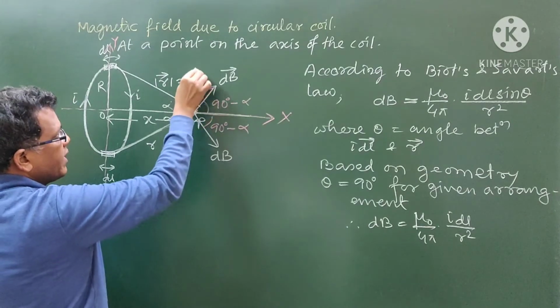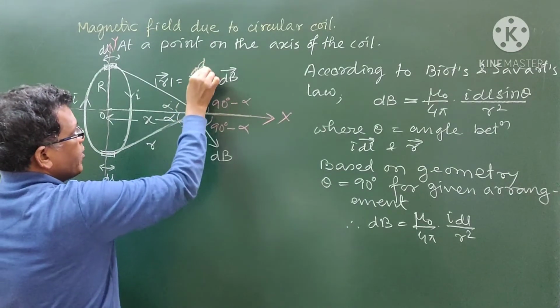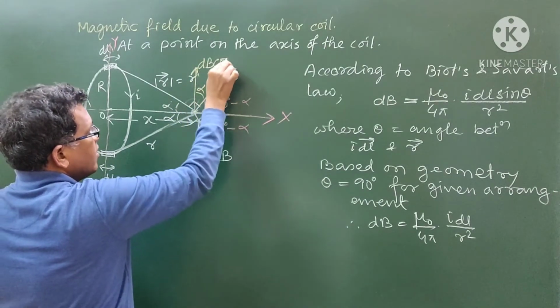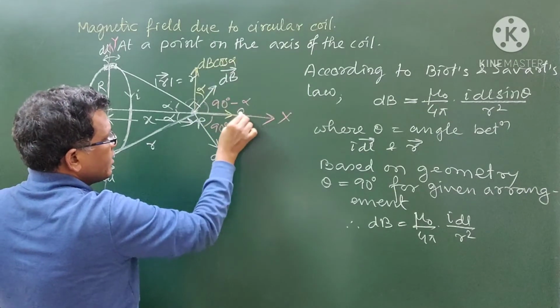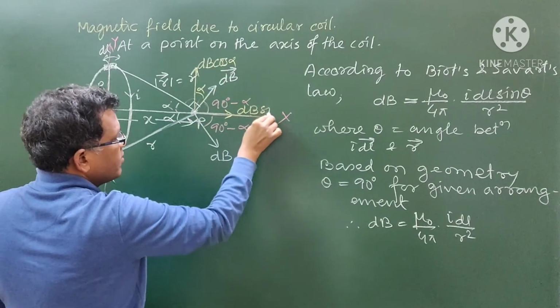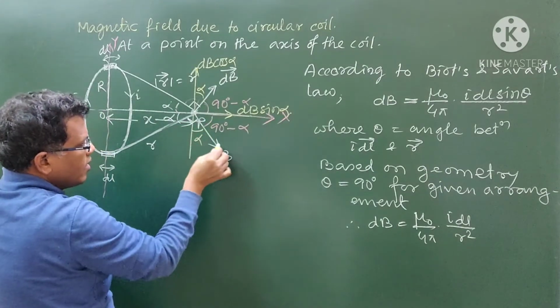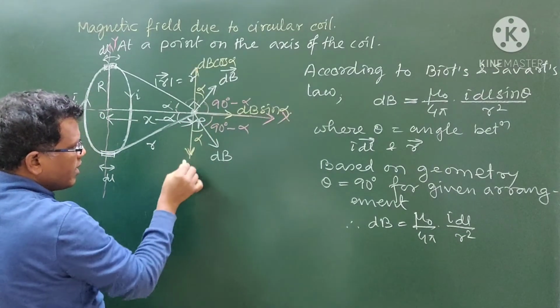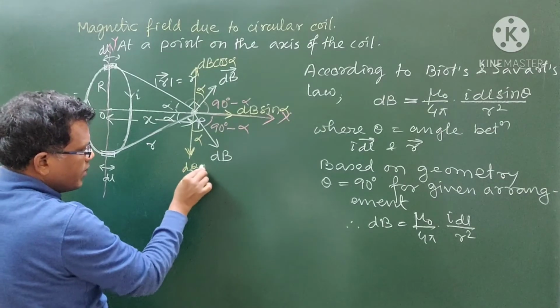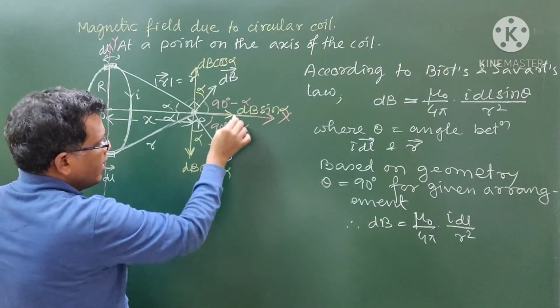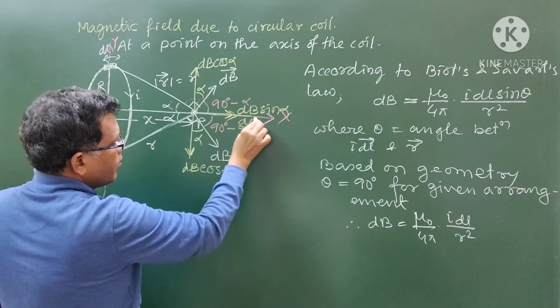so this is alpha again. This one will be dB cos alpha, and in this direction it will be dB sin alpha. Similarly, the other dB also gets resolved: dB cos alpha this way and dB sin alpha this way.